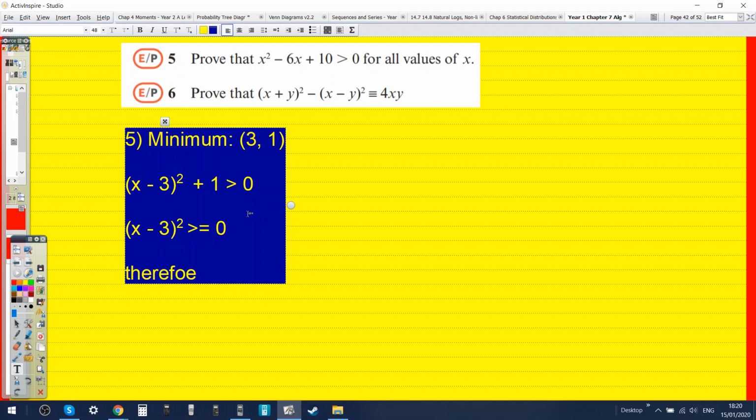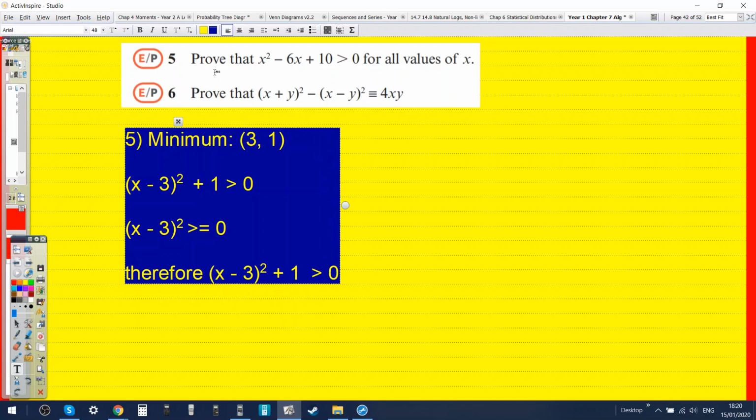Therefore, x minus 3 squared plus 1. What do you know about x minus 3 squared plus 1? Well, the square makes it equal to or bigger than 0, but then the plus 1 makes sure that it's equal to 1 or bigger than 1, so it has to be bigger than 0.